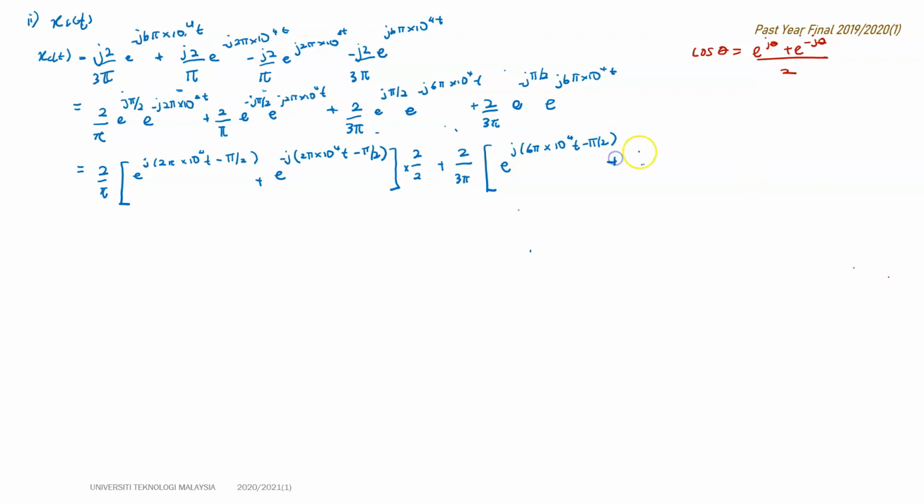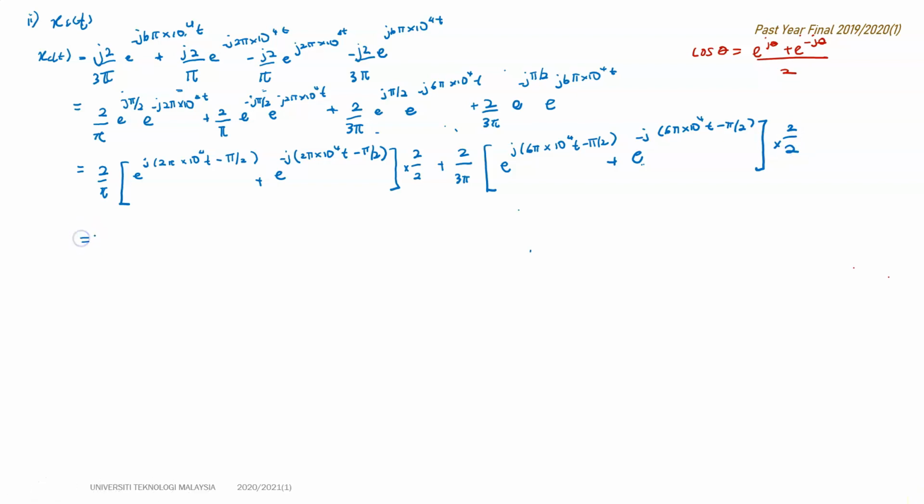Okay, and then plus exponent negative j for this one, 6 pi times 10 power of 4t and negative pi over 2. Similarly, because when we put negative j outside, negative multiplied by negative will become positive here. Okay, and then here again we multiply by 2 over 2, so that it follows this Euler function.